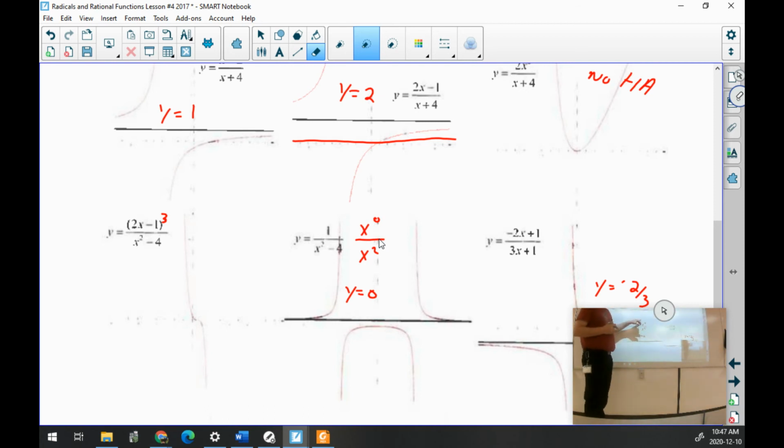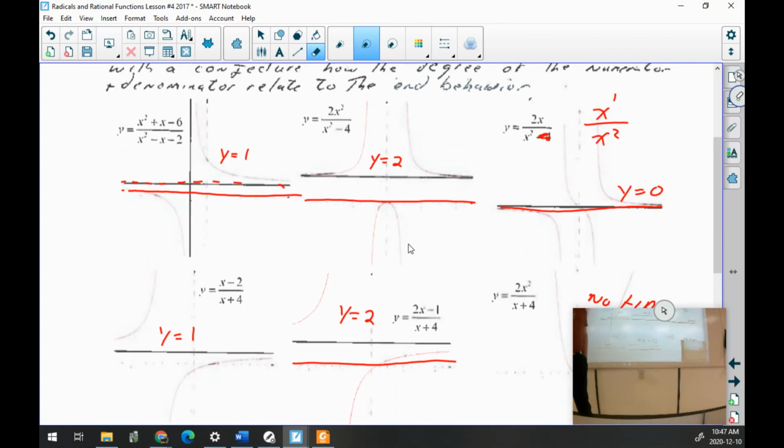We have a lower degree polynomial on top than on the bottom. So if you've got a lower degree polynomial on top than on the bottom, you're going to have a horizontal asymptote along y equal to 0.